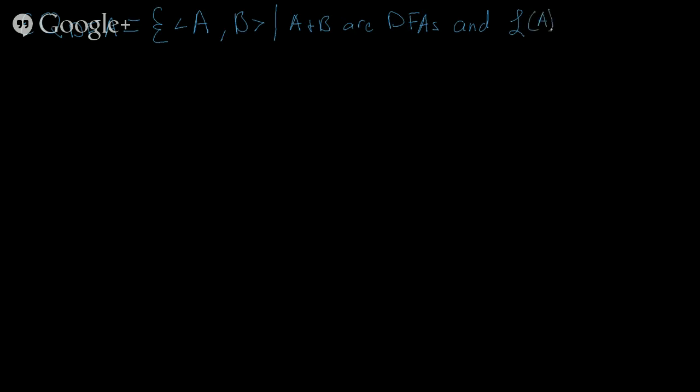So this is our equality testing, EQ DFA, equals, and we're going to say we have inputs A and B such that A and B are DFAs, so they represent some regular language, and we want to know if the language represented by A is the same as the language represented by B.